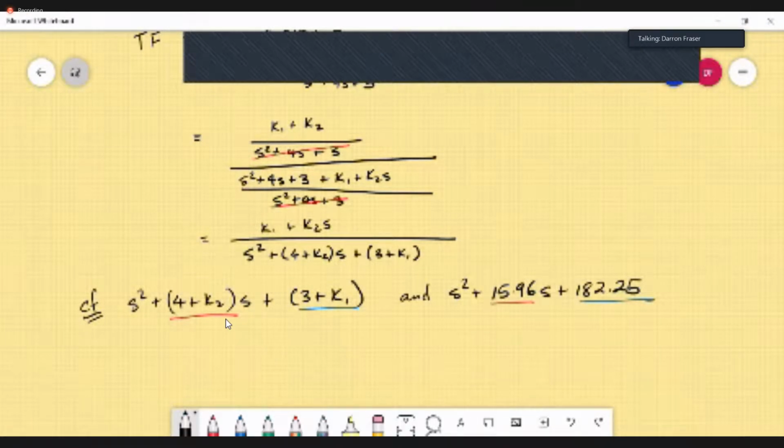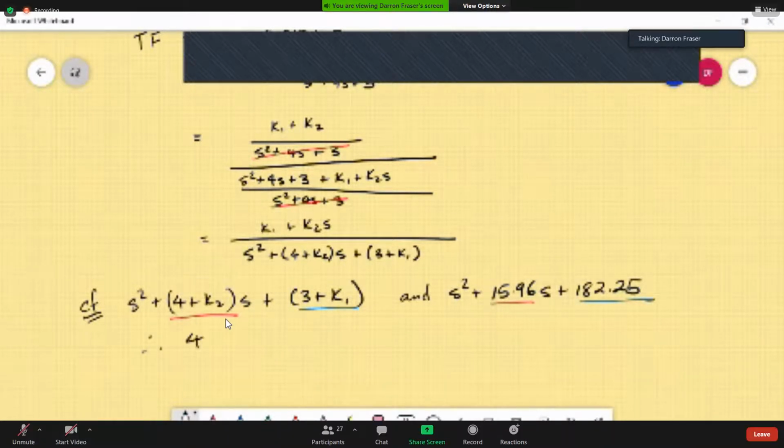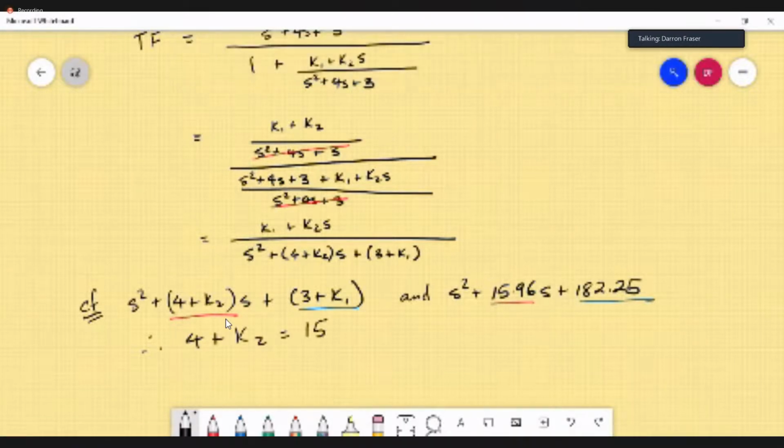So therefore now 4 plus K2 is equal to 15.96. So K2 is equal to 15.96 minus 4, which is 11.96, so approximately 12.